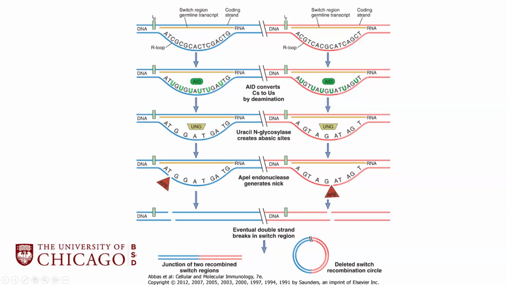And then you have a deletion within the recombined DNA, which will then make it a different isotype. So I think the concept is very similar to what it was in T cells. I would not get bogged down with the specifics, but I would remember AID and APE1 are important in this particular type of recombination event and isotype switching.